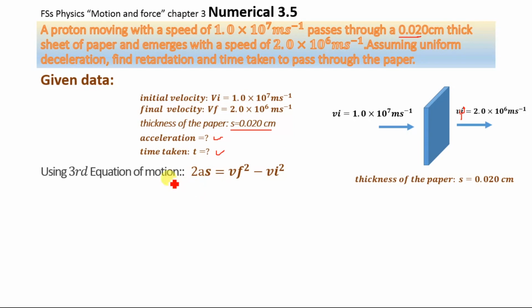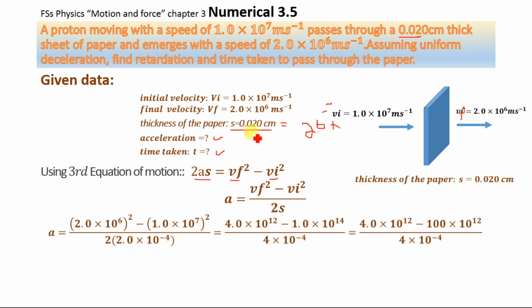We will use the third equation of motion for the calculation of acceleration, and the third equation of motion is 2aS equal to Vf square minus Vi square. In this equation, a is acceleration, S is the displacement, Vf is the final velocity, and Vi is the initial velocity. Solving this equation for acceleration, we will have a equal to Vf square minus Vi square divided by 2S.